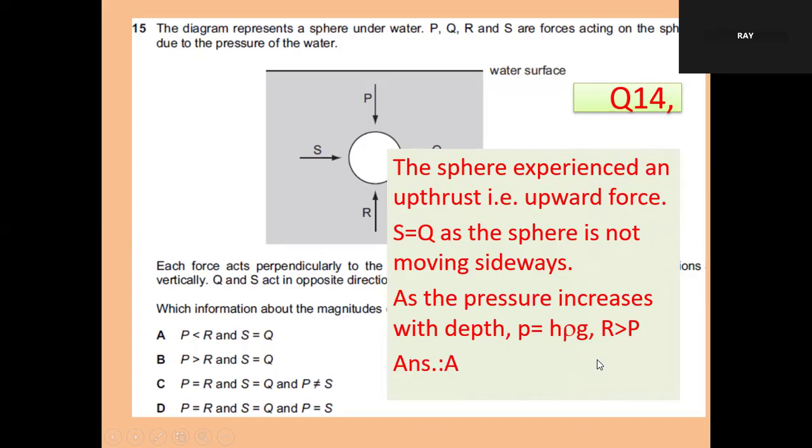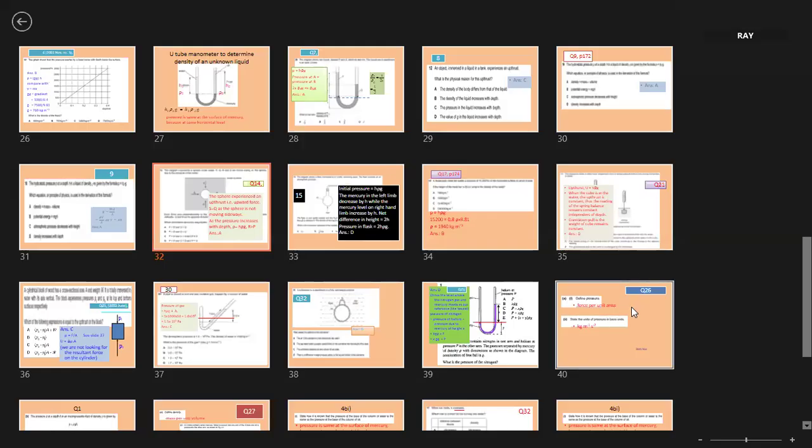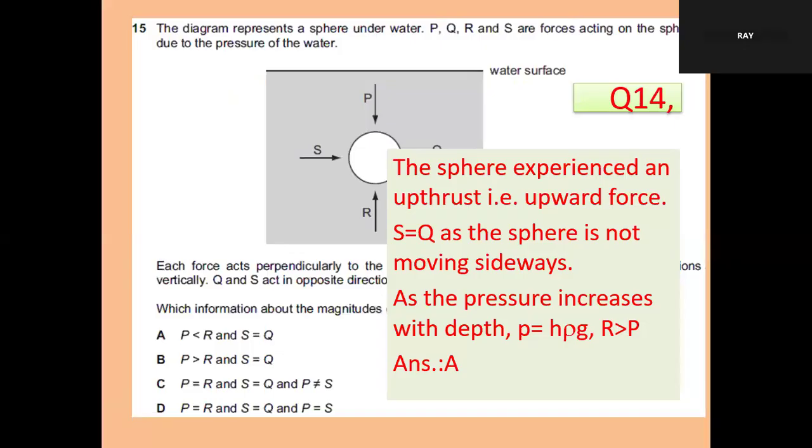So upthrust is more than the weight. The sphere experiences upthrust, so this force is greater than that force. That's why there's an upthrust.